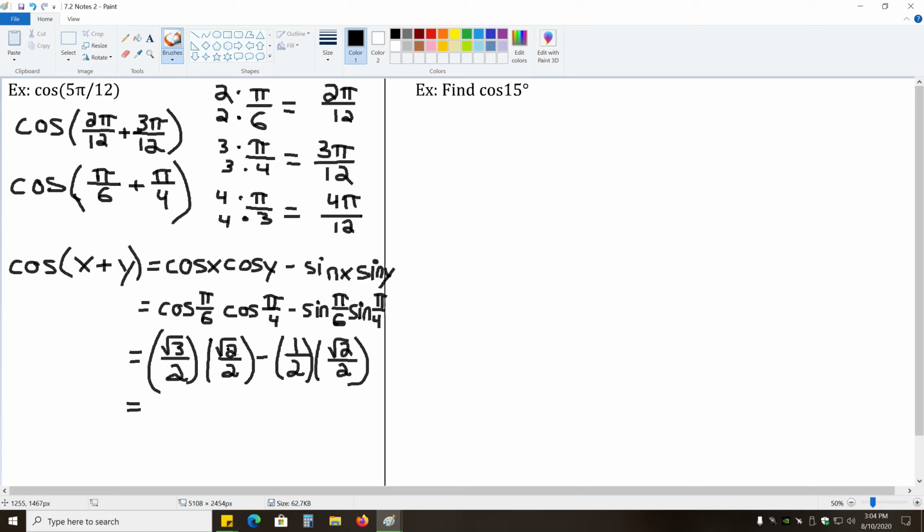The square root of 3 times the square root of 2 is the square root of 6, over 2 times 2 is 4. Minus 1 times the square root of 2 is the square root of 2, over 2 times 2 is 4. And simplifying this, we get the square root of 6 minus the square root of 2 all over 4. That is the exact value for cosine of 5 pi over 12.